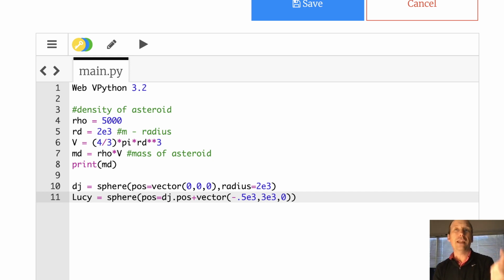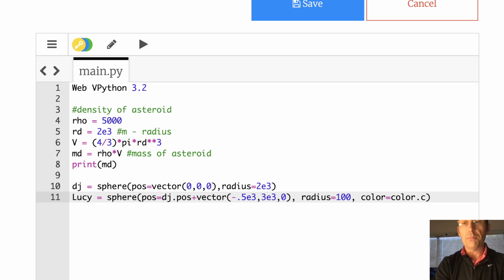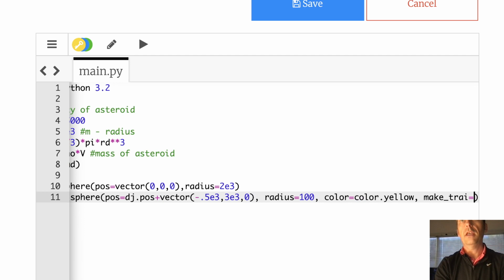So I'm going to add it to that, even though it's at the origin, that's fine. And I'm going to give this a radius of, if I give it something realistic, you won't be able to see it. So let's say the radius is 100 meters. Let's try that. And color equals color.yellow. I like yellow. And then make trail equals true.